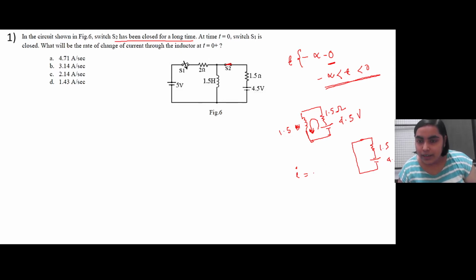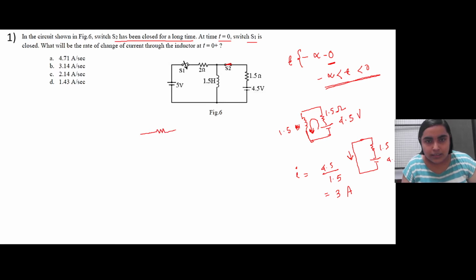The current flowing in this branch through this inductor would have been 4.5 by 1.5, that is 3 ampere. Now just consider time t equal to 0 when S1 is closed. When S1 is closed, this 5 volt supply also comes into the picture, right?